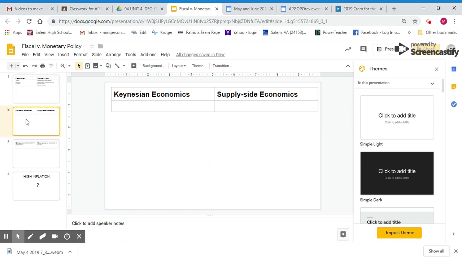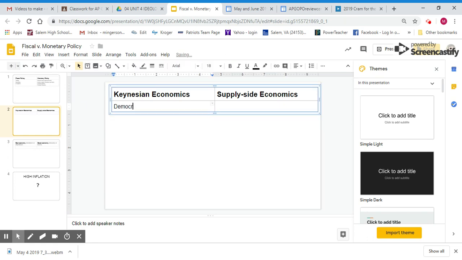Second part of this economic policy is Keynesian economics versus supply side economics. Keynesian economics, first off, is associated with the Democratic Party today. Supply side economics is associated with the Republican Party. Then we go over here to Keynesian economics, and here, the real question for these two economic ideas is, what do you do if the economy's not doing well?